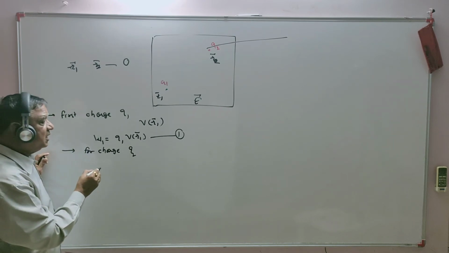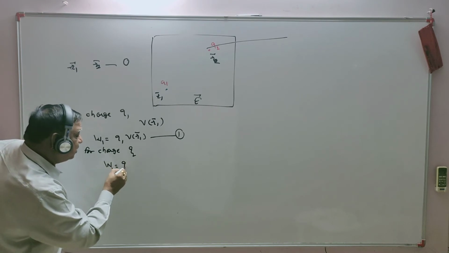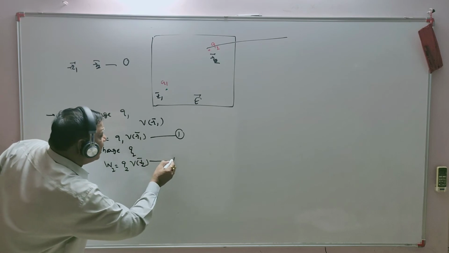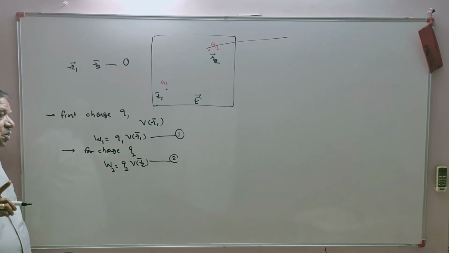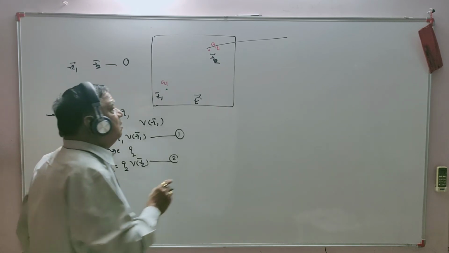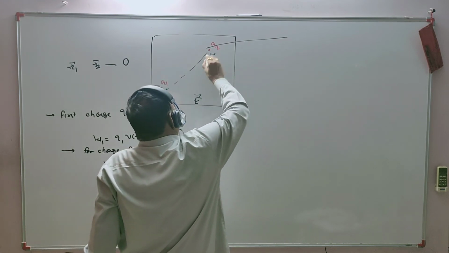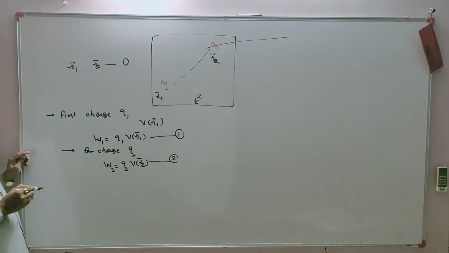Against the external electric field, W2, according to the definition, is q2 V(r2), where V(r2) is the potential at r2 due to the electric field. Now we are bringing the second charge against the field due to the first charge.